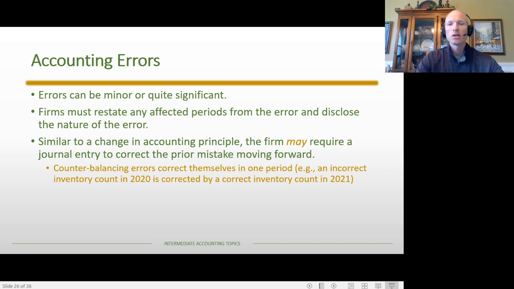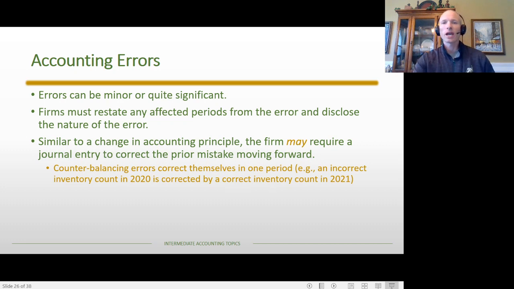So in other words, if I have an incorrect inventory count in 2020, as long as I do my inventory count correctly in 2021, it's going to counterbalance. Now, cost of goods sold is going to be wrong in both years. It's going to be overstated in one year and understated in the other year. But in total, it's correct.